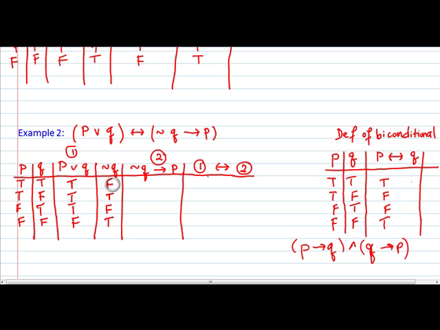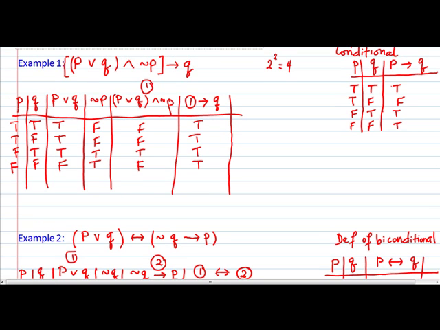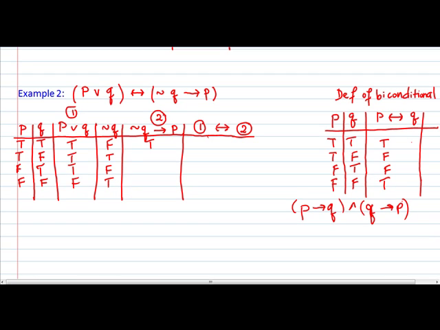So if false, then true, the whole thing is true, because I know from my physics example, if true, then true, the whole thing is true. If false, then false is true. If true, then false is false.